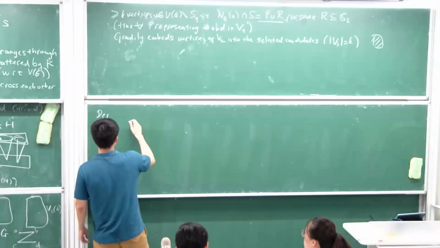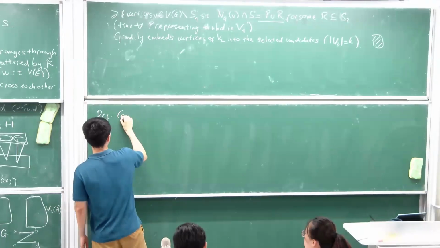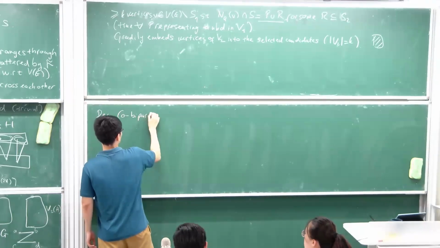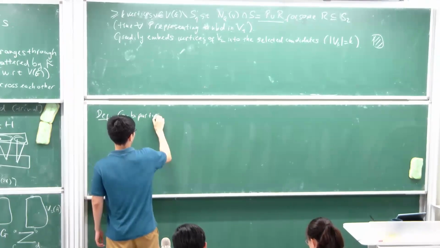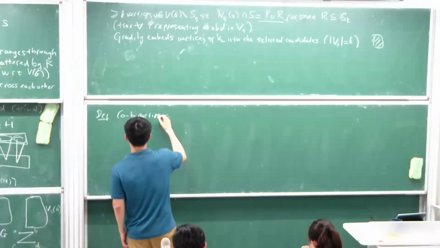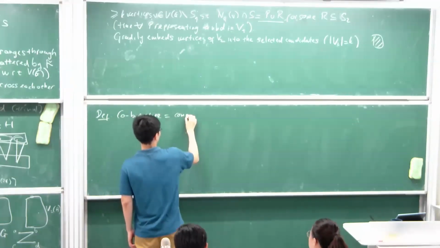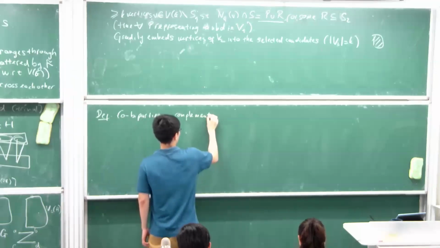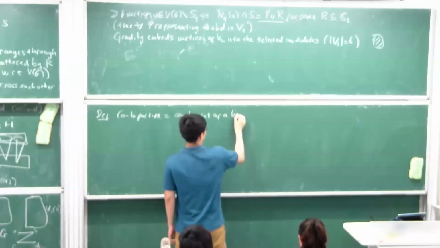I guess we are all familiar with bipartite graphs. We call a co-bipartite graph just the complement of a bipartite graph.